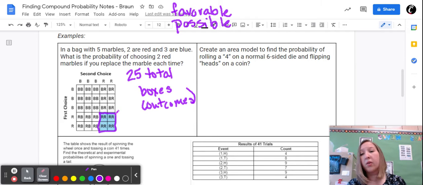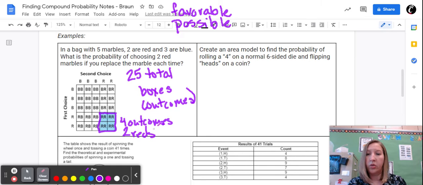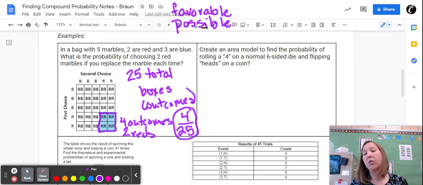We have 4 different outcomes from this probability model that are both red. So 4 outcomes with 2 reds. So we're going to combine these two to write our probability. So our favorable outcomes, what we're looking for, that's 4 out of our total, which is 25. So our probability of getting 2 red would be 4/25.